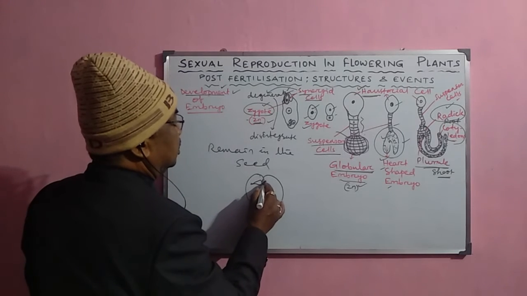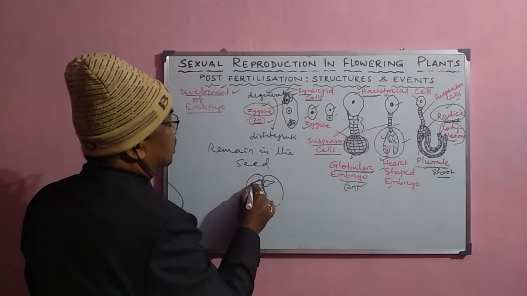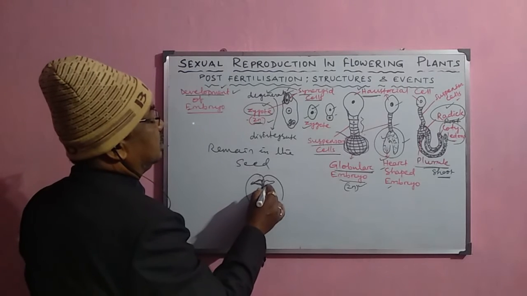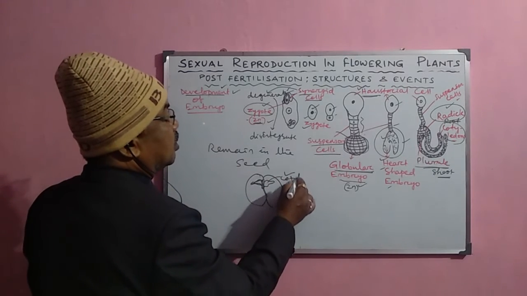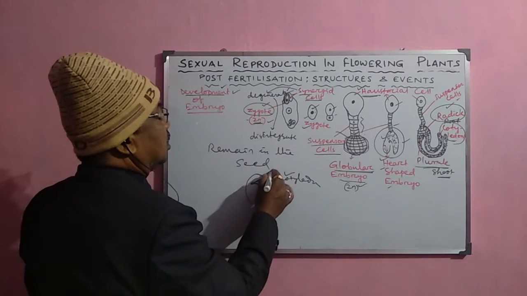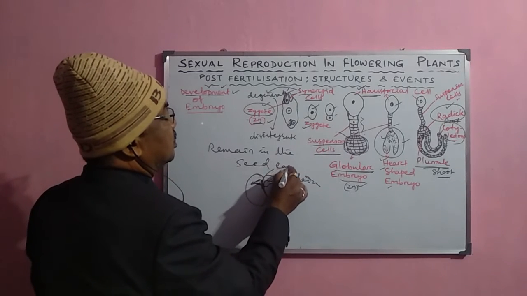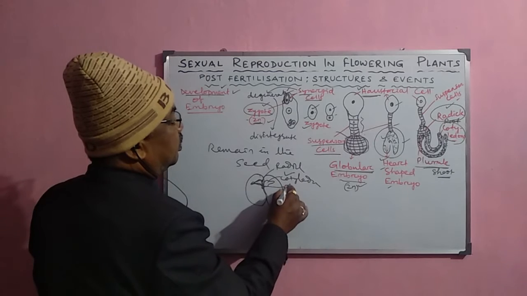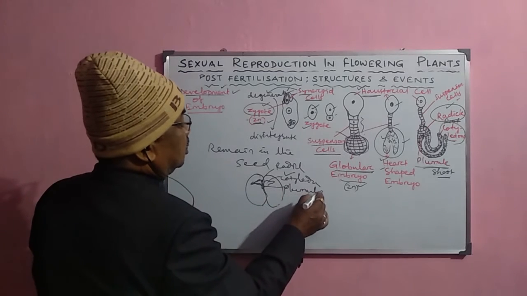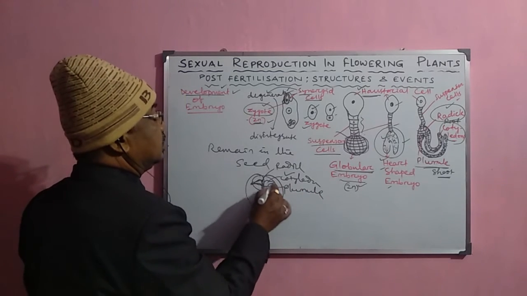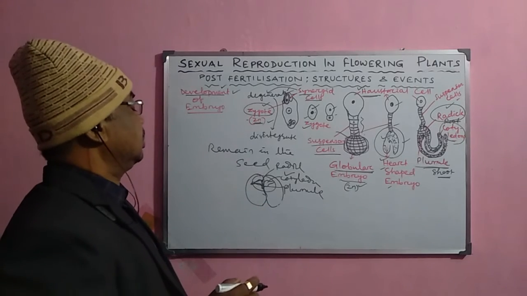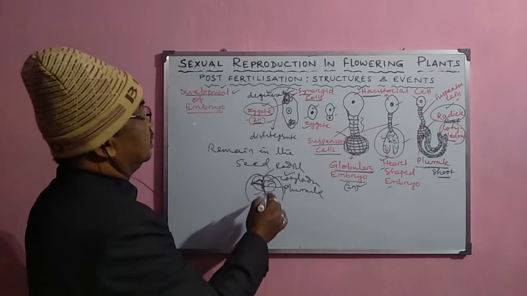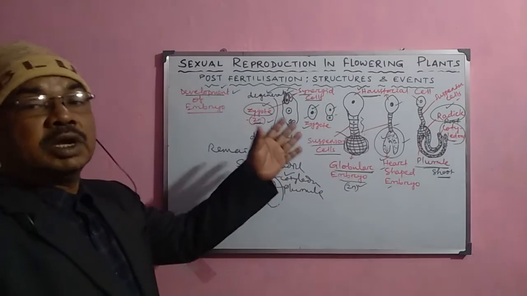In this seed you will find the cotyledons, and then the radicle and plumule, all are present here. So this is well protected inside the seed. That is why these seeds contain the embryo.